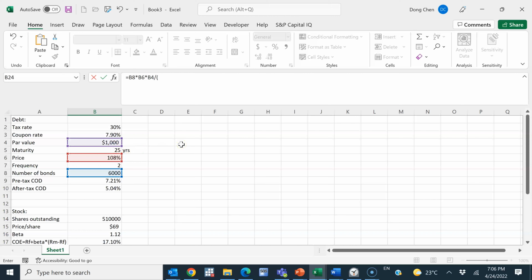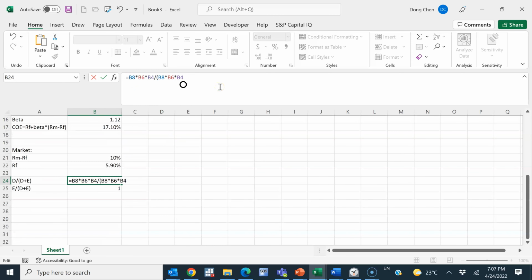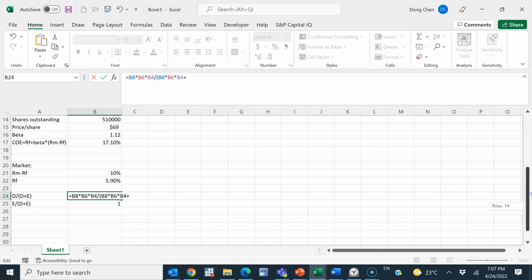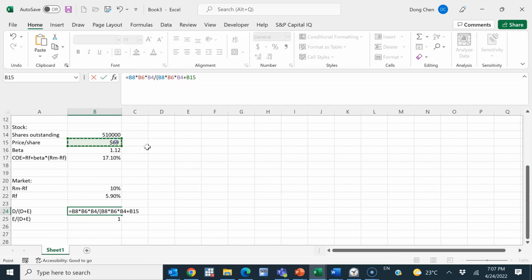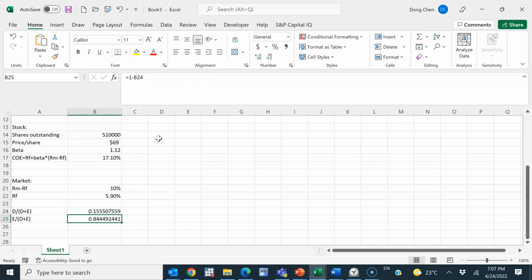That's my numerator, and the denominator is the sum of D and E. For the first part, I can just copy this, right? So that's the same. And the second part is the E, the market value of the equity. This can be obtained by multiplying the price per share by the number of shares outstanding. And now I can close this.